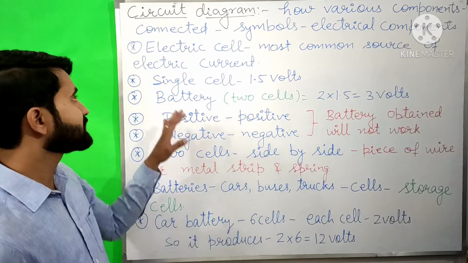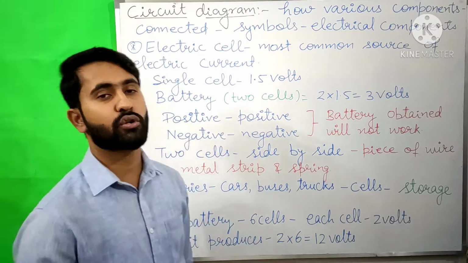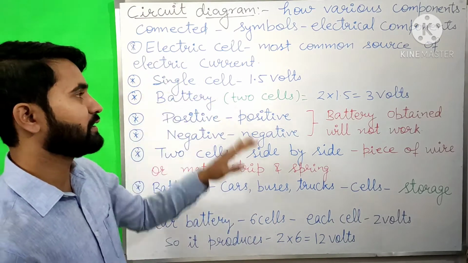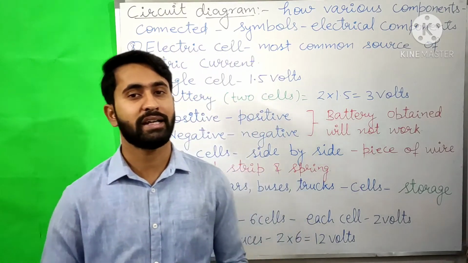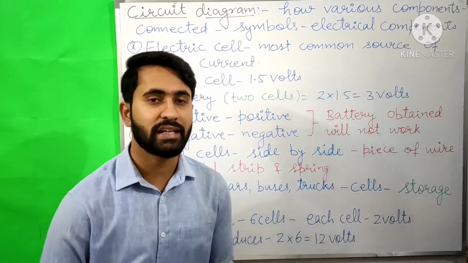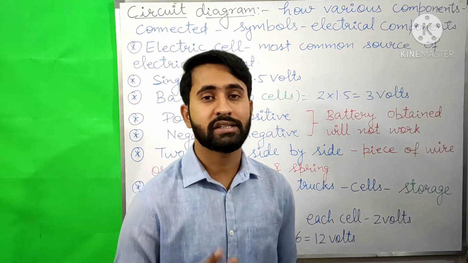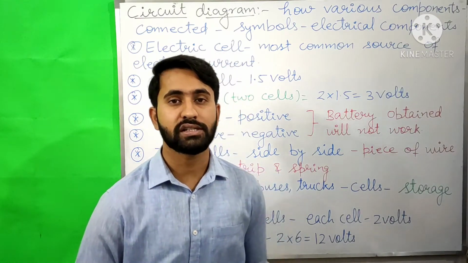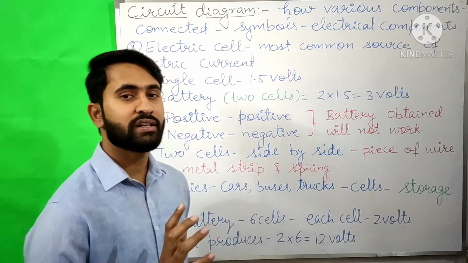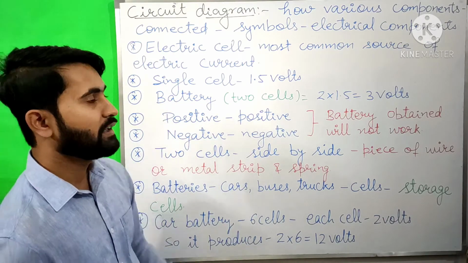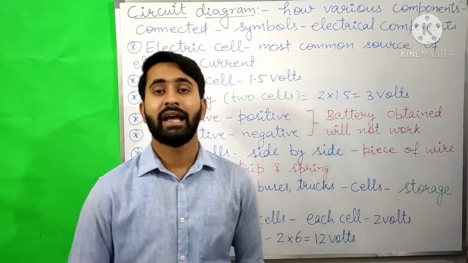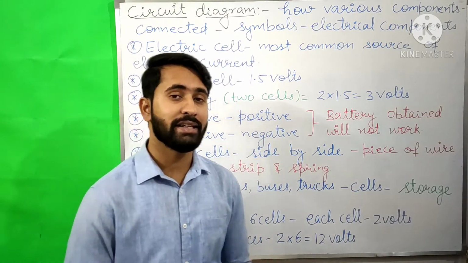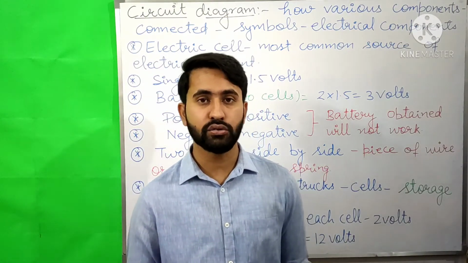The electric cell is the most common source of electric current which is used to run many appliances in our daily lives, like the TV remote, torches, radios, watches and clocks. Generally, a single cell gives 1.5 volts of electricity, and many appliances need a higher voltage to run.